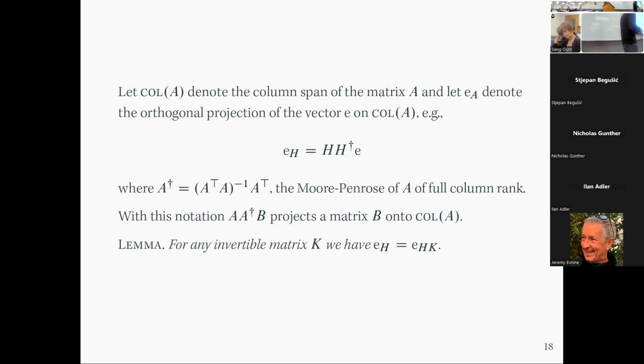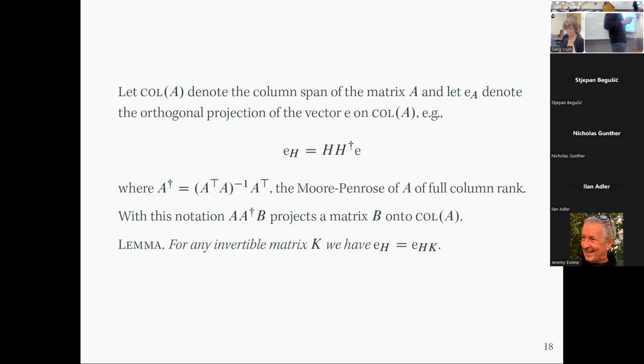And here's the thing that's going to make everything work, and without which we'd be completely lost: this lemma. This projection operator is invariant under invertible transformations. So if you have an invertible matrix K, the projection of E onto H is the same as the projection of E onto H times K. For now, this may seem kind of remote and insignificant.